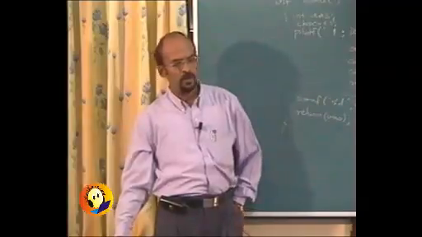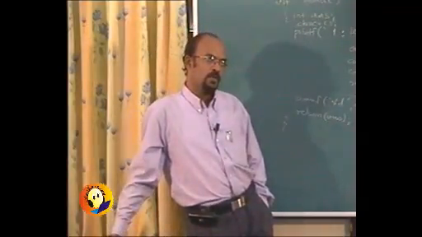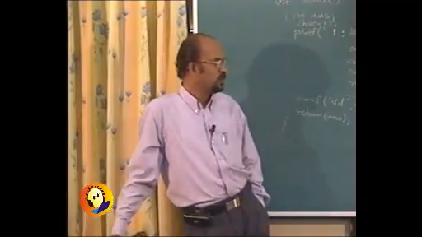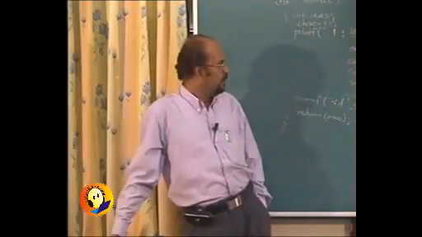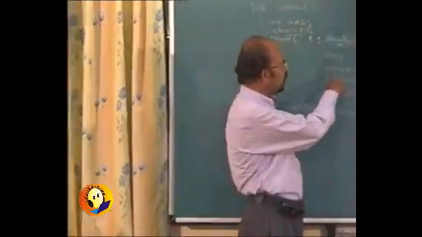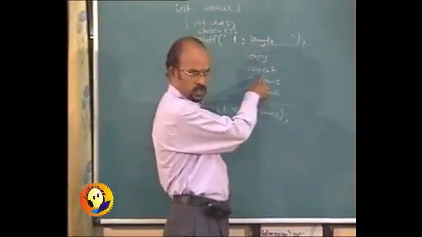It will depend on the choice, right? But look at it from the user's point of view. When you say that in concat you will be accepting one string or two strings? Two strings.